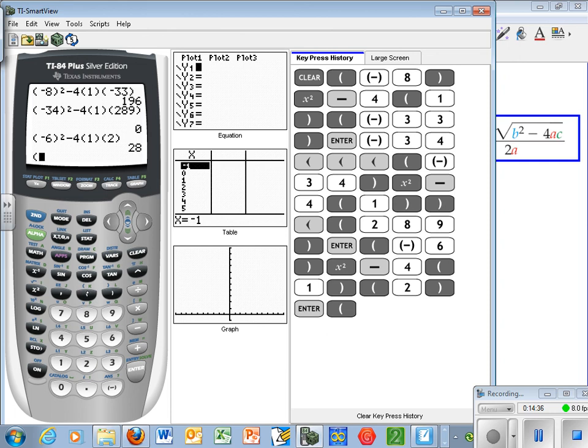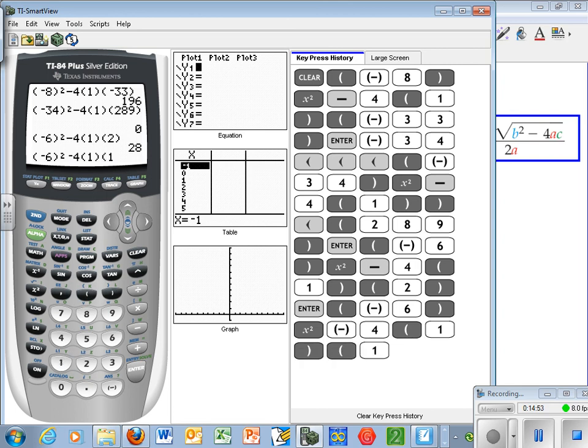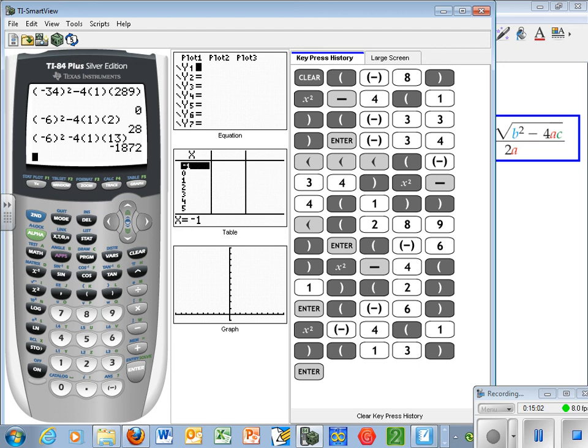So inside parentheses, we have negative 6 squared minus 4 times 1 times 13. Oops, let's go ahead and do that again. I think I got the wrong answer. Let's clear that out. Let's try this again.